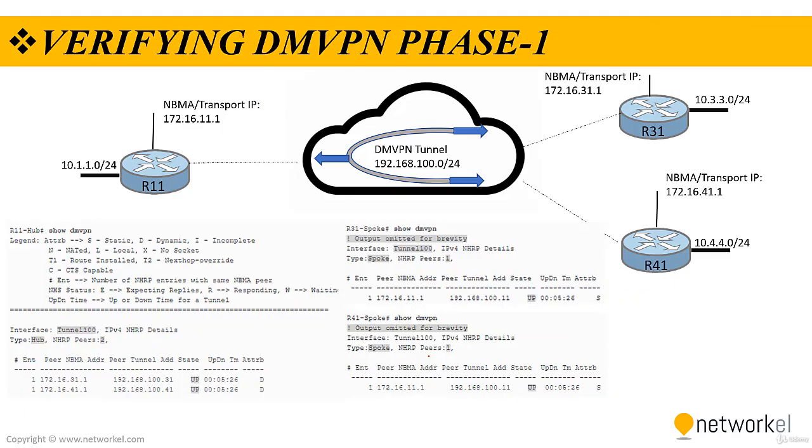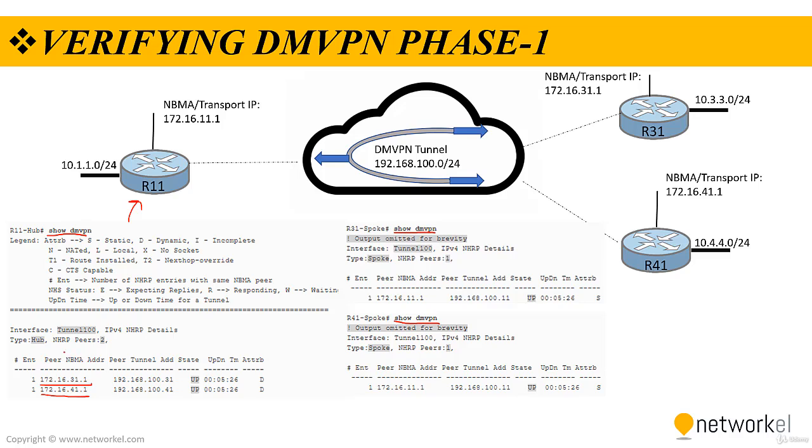So let's check how we can verify DMVPN phase 1. The command is show dmvpn. That's a really basic command that we can use for both spokes and hubs. When we check the show dmvpn output for router 11, we can see that we have two pairs.